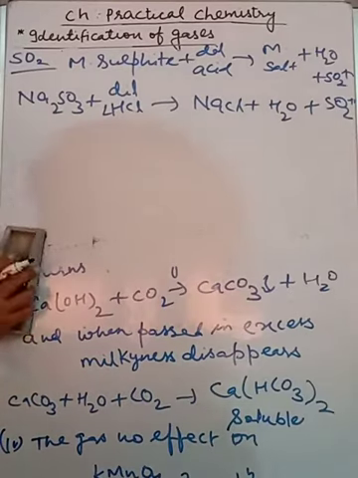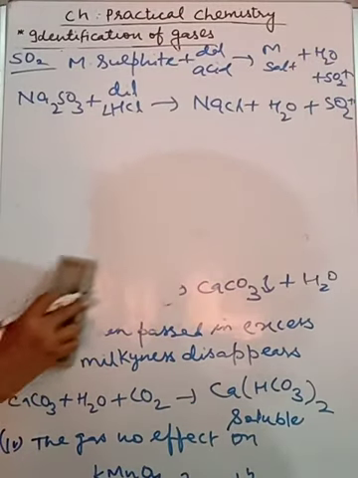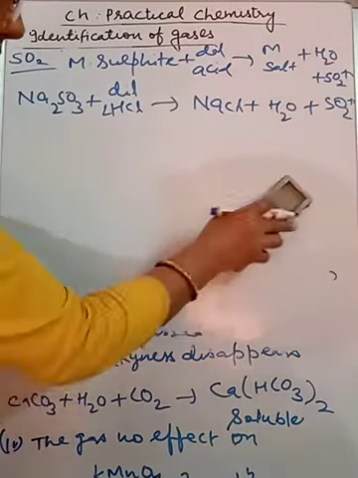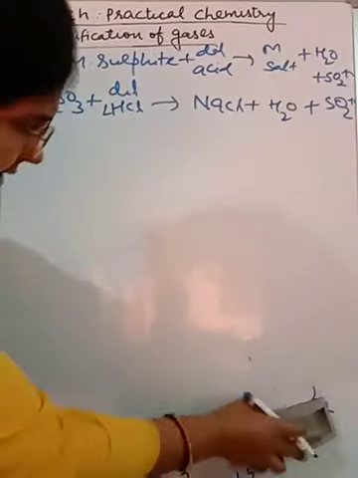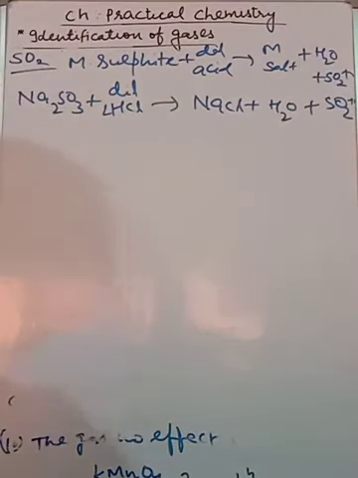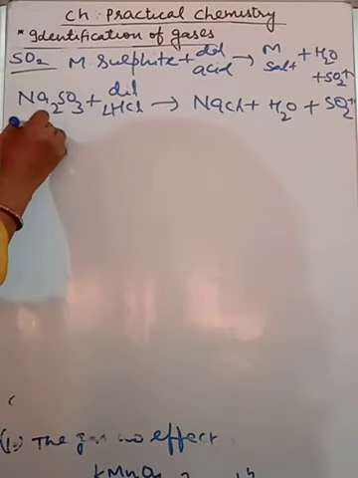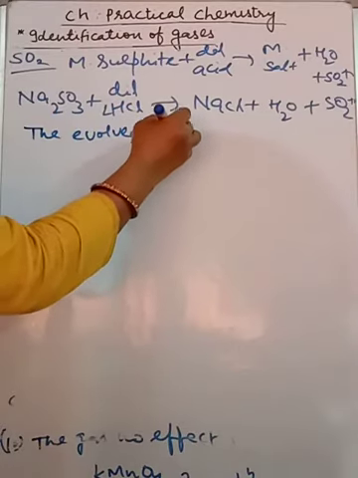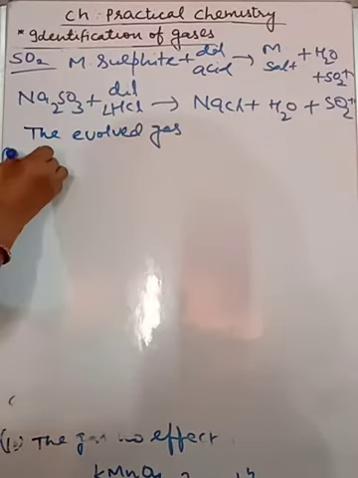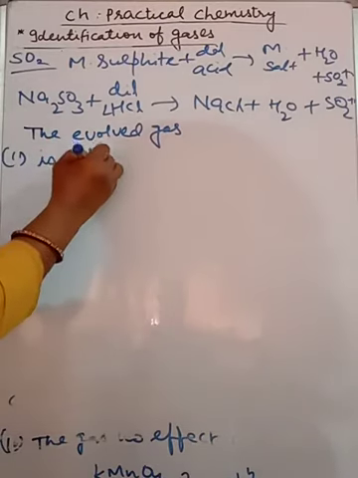When the gas is released, if you observe the color, again it is colorless, but yes, it has a smell. What kind of smell, children? A suffocating smell, known as the smell of burning sulfur. So for the evolved gas, the first point is colorless.